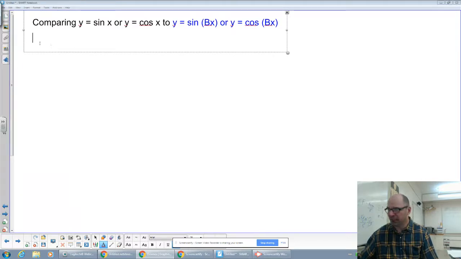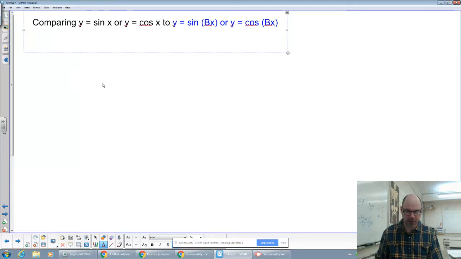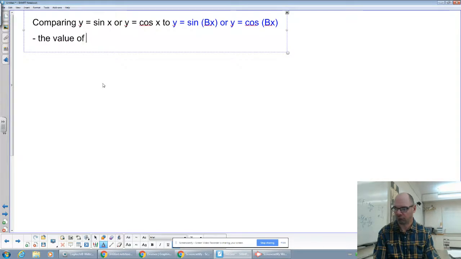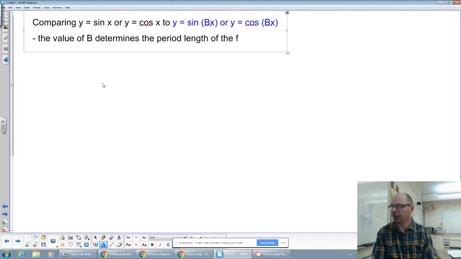So the effect of B: for graphs in this form, the value of B determines the period length of the function.